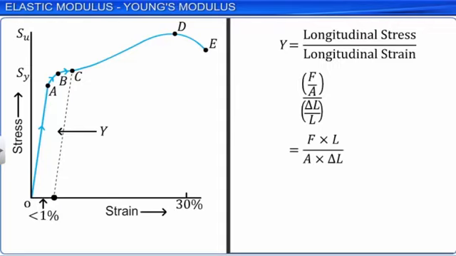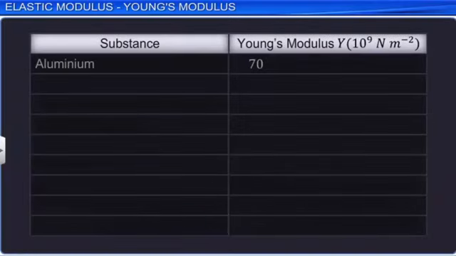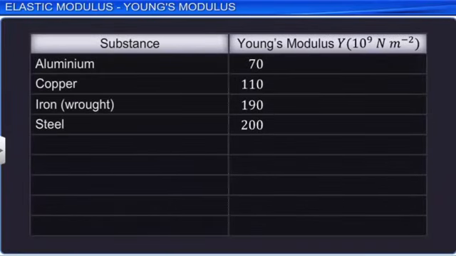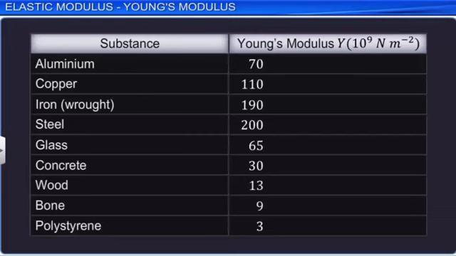Different materials exhibit different values of Young's modulus. The value of Young's modulus for some materials is shown on the screen. Metals generally have large values of Young's modulus compared to other materials. It is a common misconception that rubber is more elastic than a metal, such as steel.